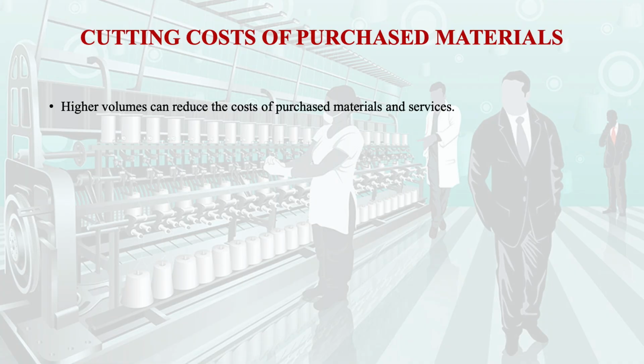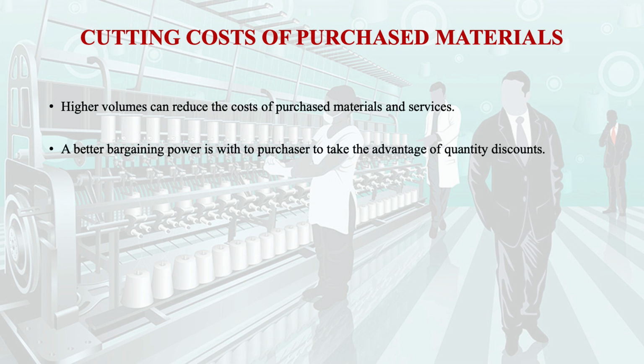Another point is cutting the cost of purchased material. If we are going for a higher volume, it can reduce the cost of purchased material and services. The purchaser has better bargaining power to take advantage of quantity discounts.